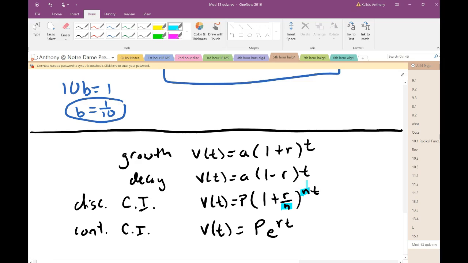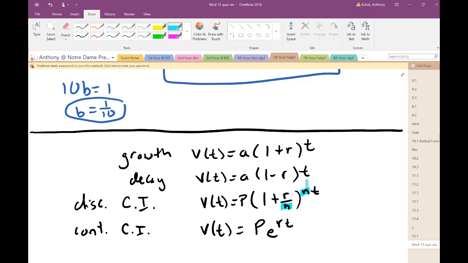In the discrete formula, N is the number of compounds per year. That will be given to you in the problem in words. So if it says the interest is compounded annually, N is 1, because annually means happens once per year.